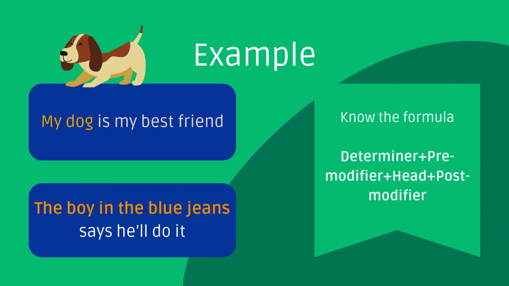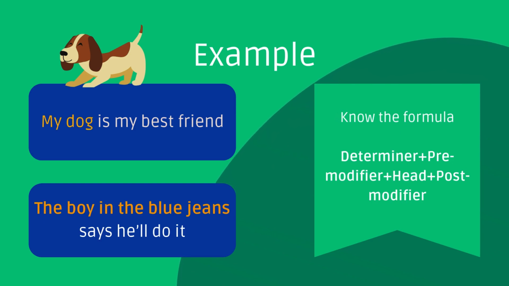As an example, we have: my dog is my best friend. The noun phrase is my dog because that's who we're talking about. The next example: the boy in the blue jeans says he'll do it.